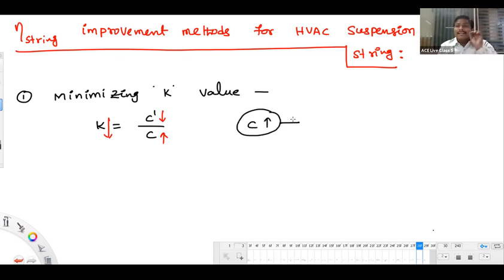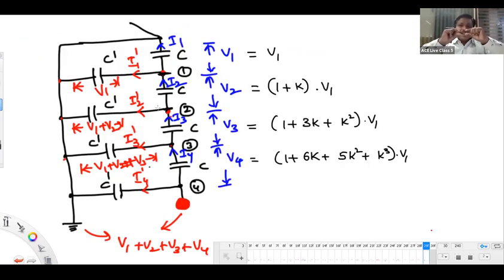C increment can be done by reducing the distance between the metal links. By decreasing the distance between the metal links, we can increase the disk capacitance value, so that K is going to be reduced. So how to decrease the distance between the metal links?